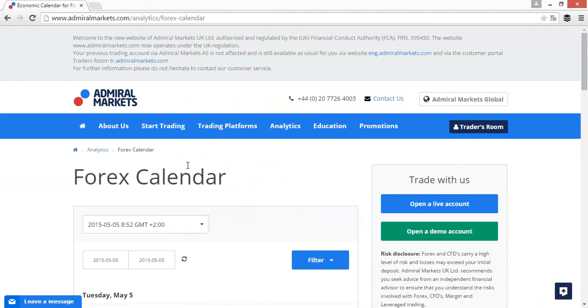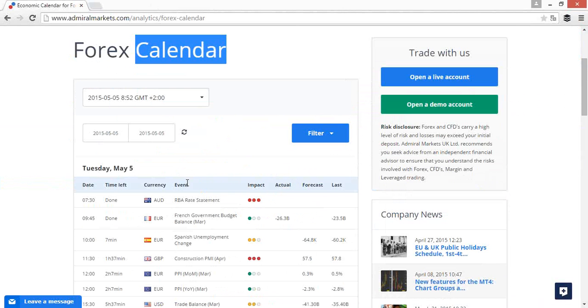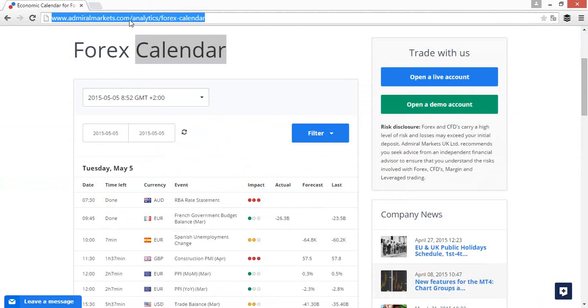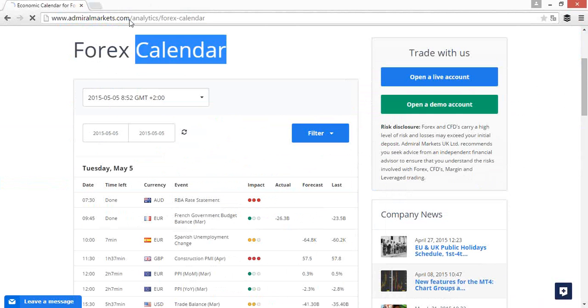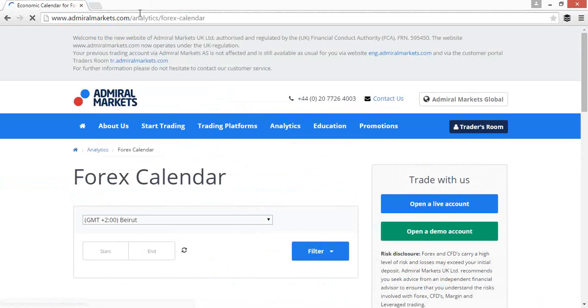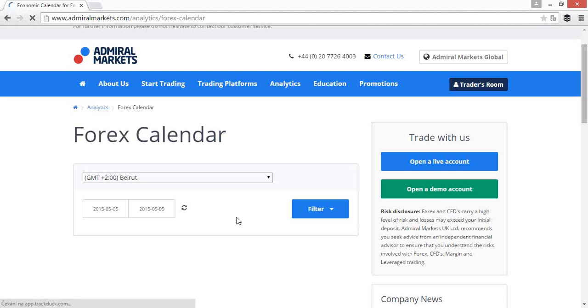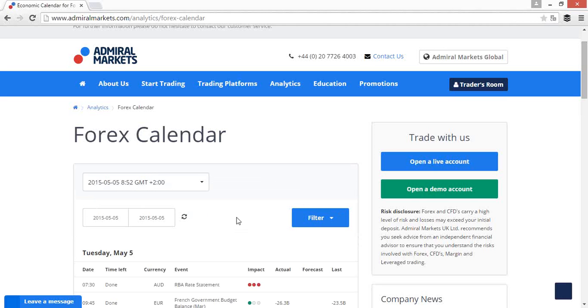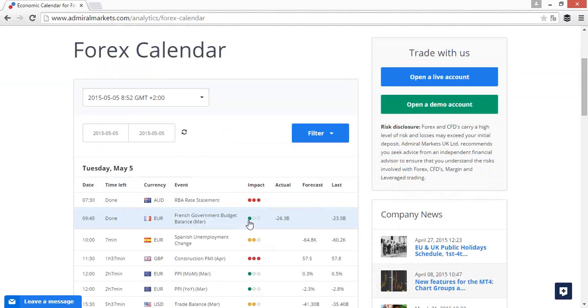news. We know that the Aussie had a release of its interest rate statement. The interest rate did go down, sorry, it's a statement, from 2.25 to 2%, following some weakness perhaps in the Australian economy.